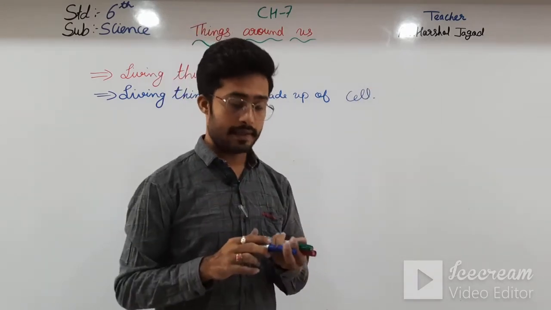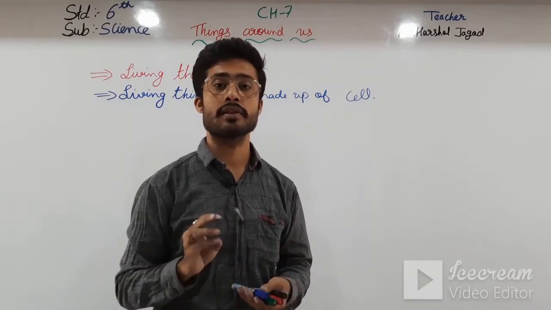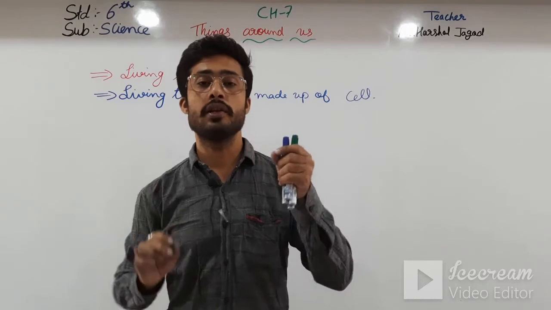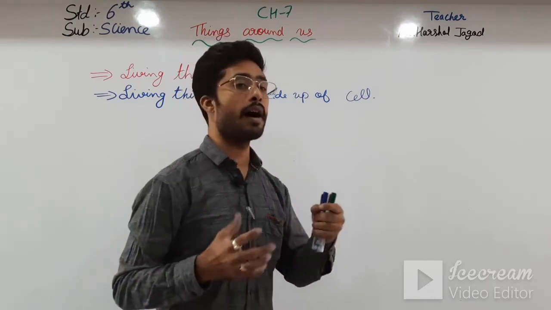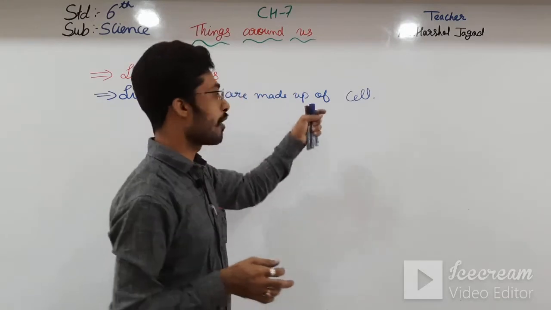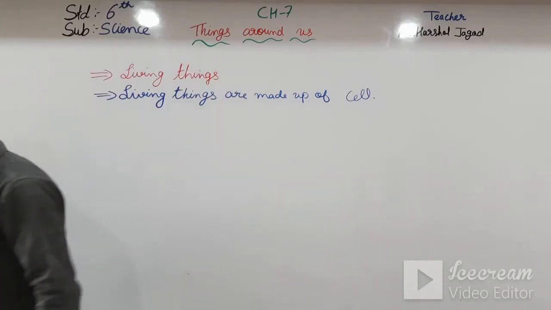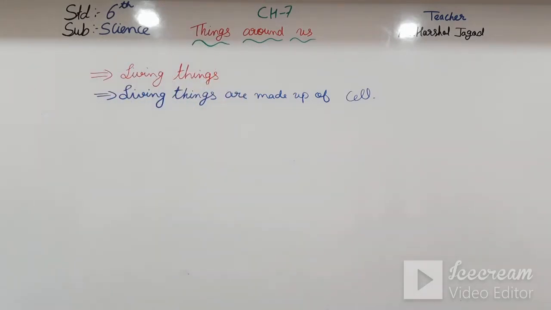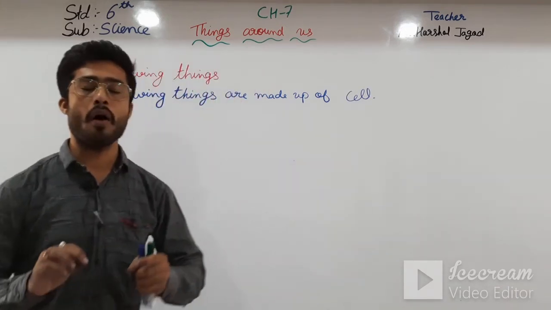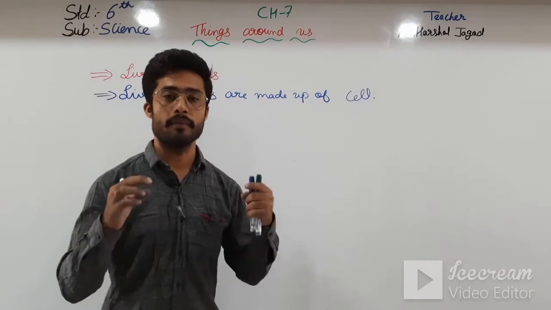A cell is the smallest functional unit of our body. See here it is written in your textbook: a cell is the smallest structural and functional unit of the organism. And there are lots of cells in our body.